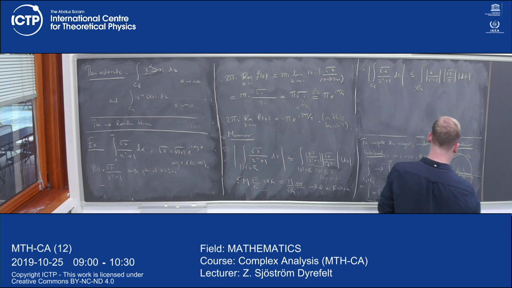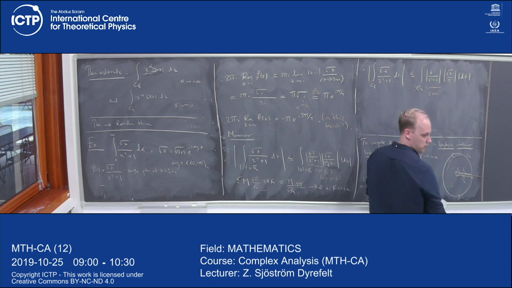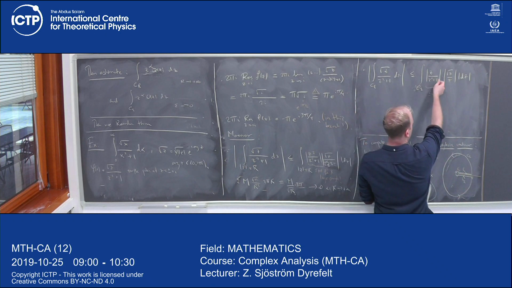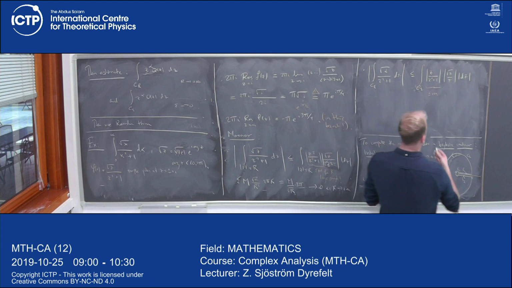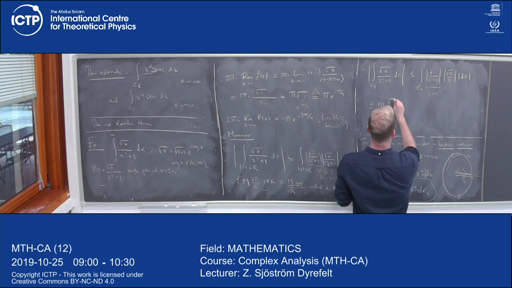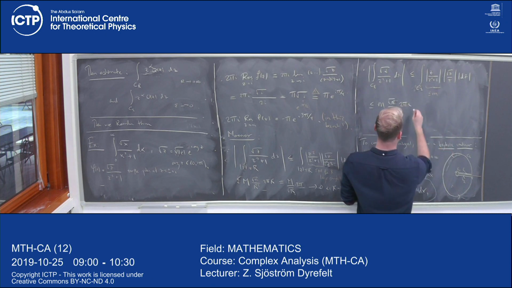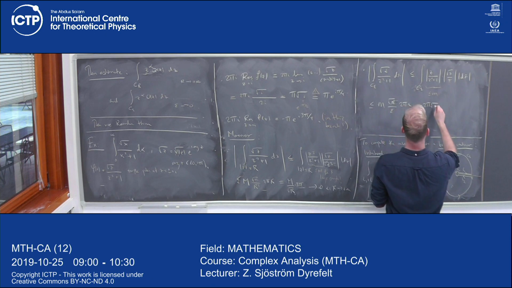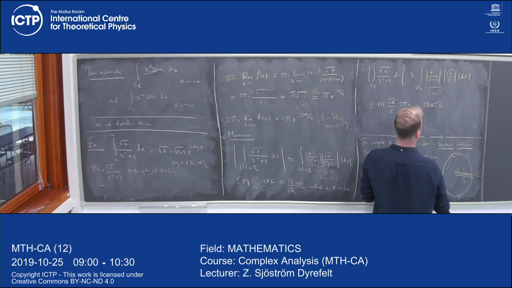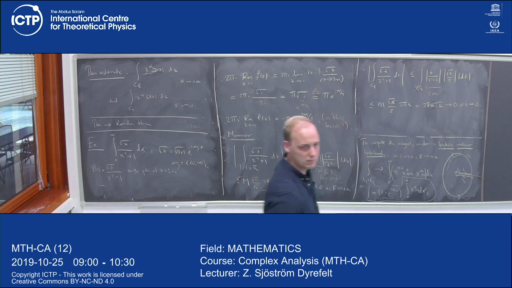Now this one is clearly bounded from above, because this goes to 1. So this is less than or equal to a small m times square root of epsilon times 2 pi epsilon, which is equal to 2 pi m square root of epsilon, which goes to 0 as epsilon goes to 0. Okay?